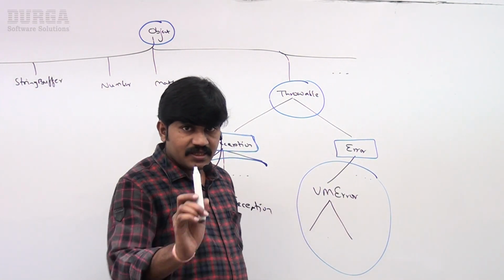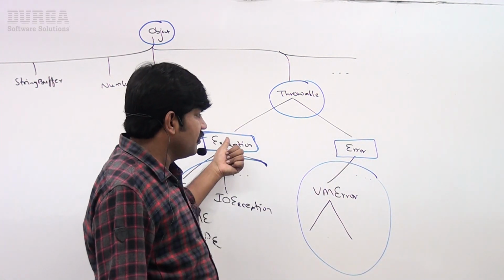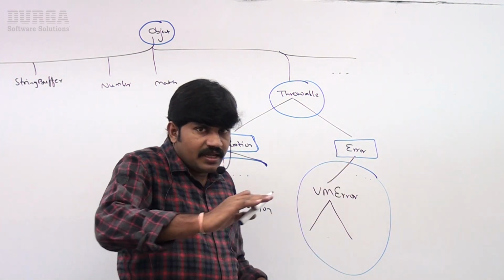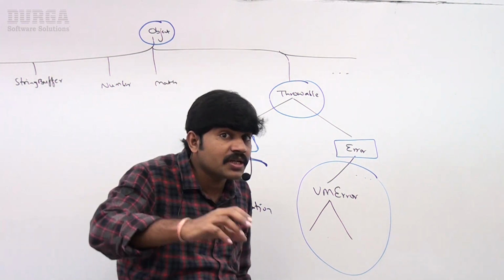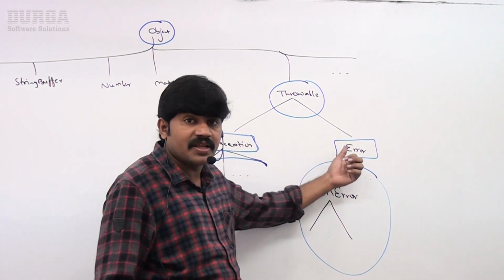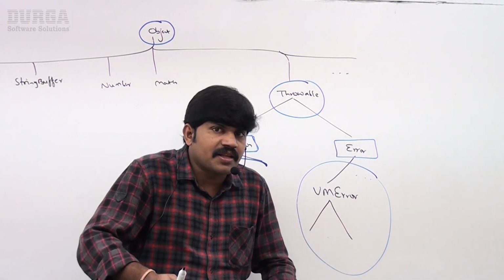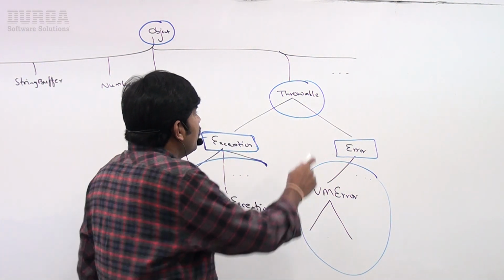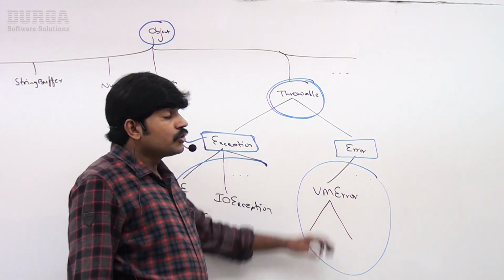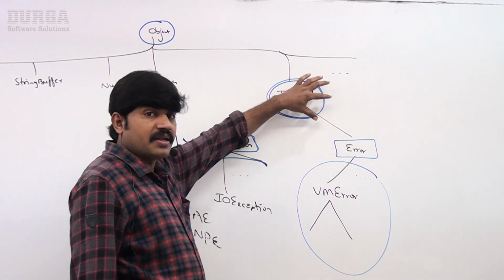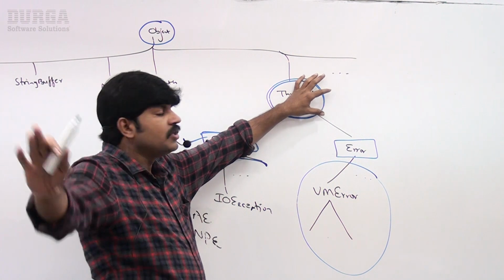Next, whether it is an exception or an error, the most commonly required methods for both are available inside the Throwable class. That's why Throwable class methods are required for all exceptions and all errors.